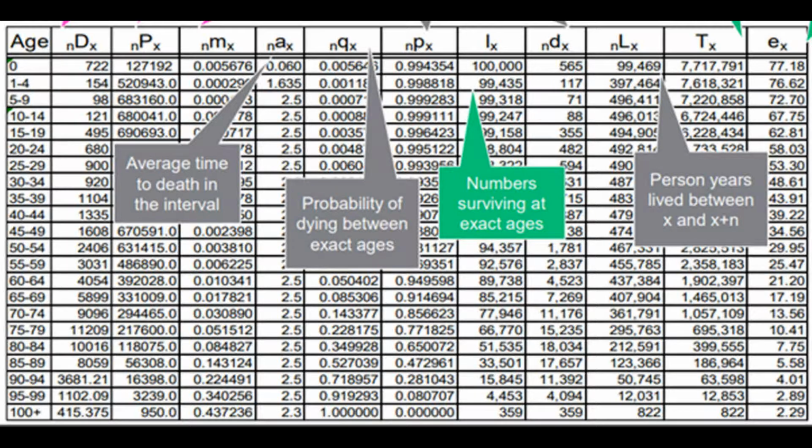Then L, the person years lived between X and X plus N, and T, the total person years lived between X and over. And finally you have E, which is the mean expectation of life.